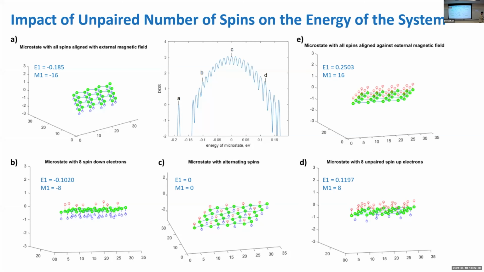Any more questions from online? Oh, Steven, yes, please. Working off of Dr. Killing's question and your response, for the situation when J is equal to B, did you notice a result that looked more like your panel C, where you have an equal number of pairs, or all paired spins, or was it more similar to B or D?